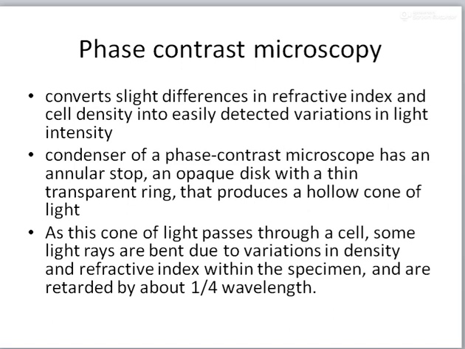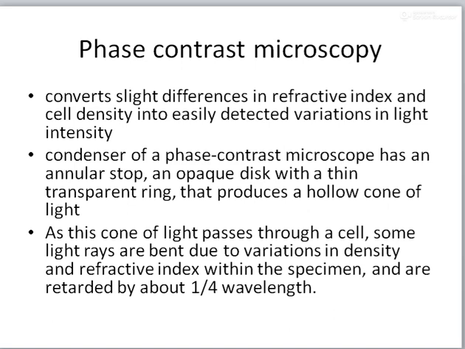So if you take a particular specimen, slight differences in the refractive index as well as the cell density will be different at different locations. As a result, variations will be brought about in the light intensity. The light will be bent at different angles, and sometimes the light would also be retarded by 1/4 of the wavelength.